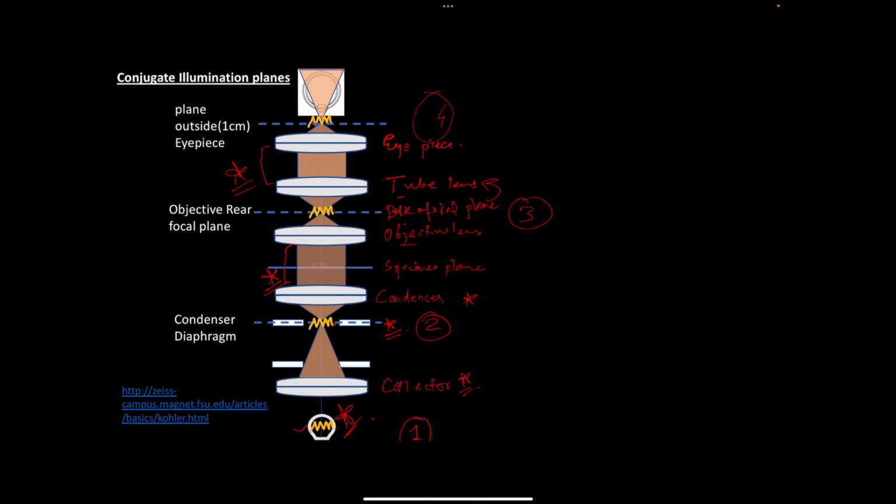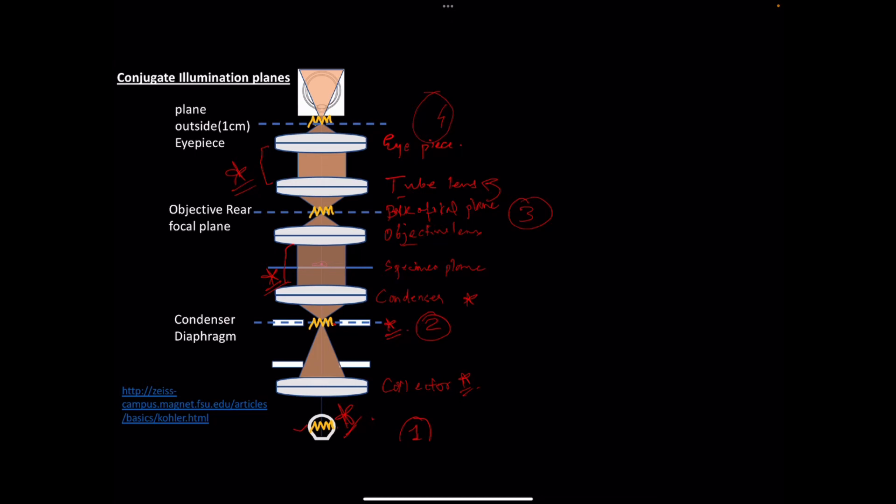We need that because a collector lens is going to collect the light from the light source and focus it onto a particular point of the condenser diaphragm, which is fixed at the rear focal plane of your condenser lens, and hence your condenser will now illuminate the sample with a perfect defocused collimated beam of light, which is going to give you a uniform illumination. As a result, we need these two different lenses. I hope we can acknowledge why we need a collector lens, and separately, why we need a condenser lens for focusing or condensing the light on the sample.